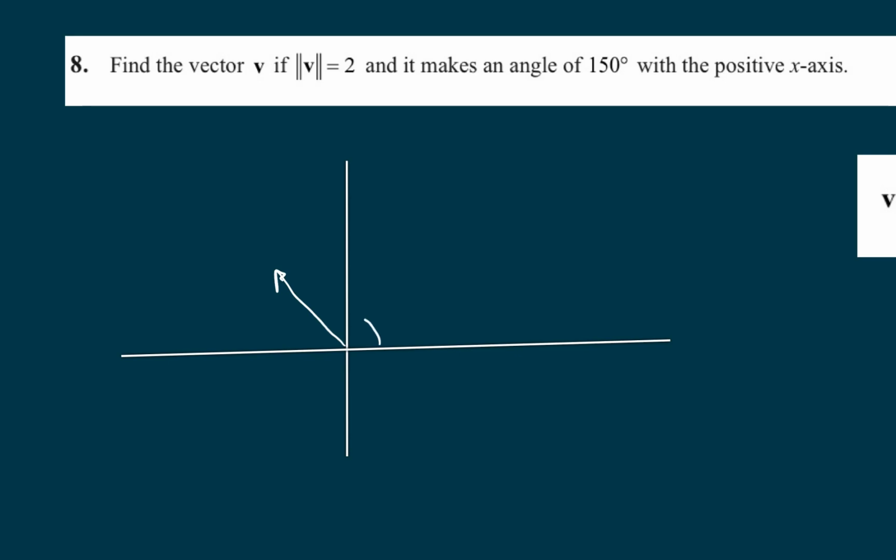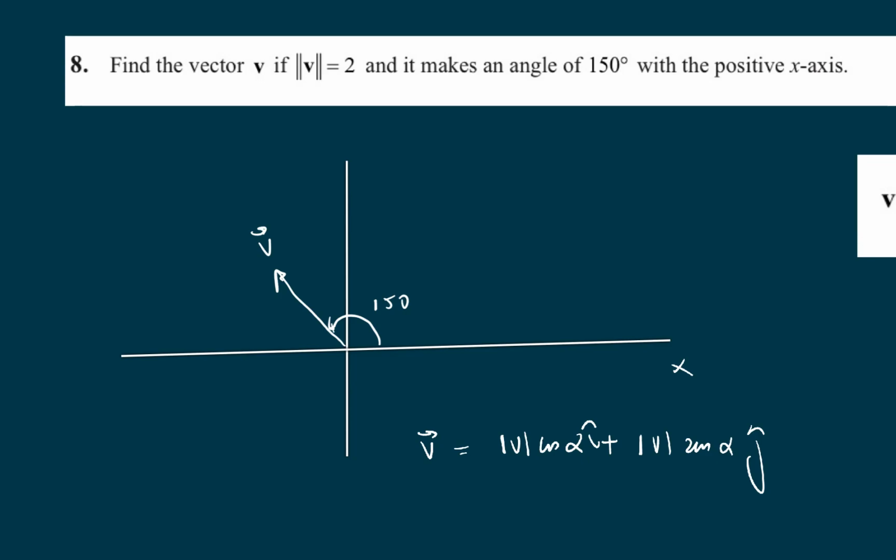And the angle is 150 degrees with the positive x direction. Who is the vector? Let's call it V. The vector V has a very simple, standard, and always the same representation. A vector V can be written in this way: the magnitude of V cosine of the angle alpha, this angle 150, in the I direction, plus the magnitude of V sine of alpha in the J direction.